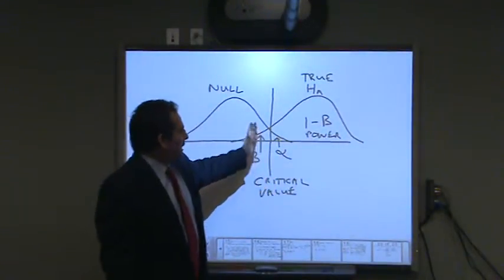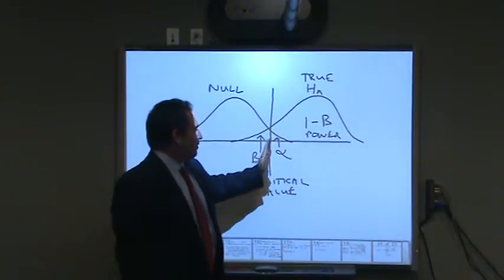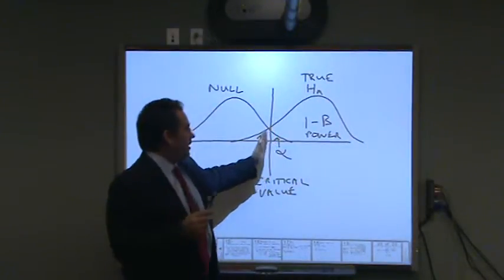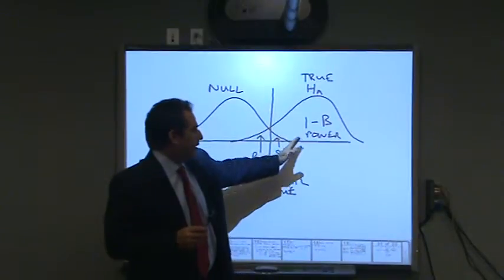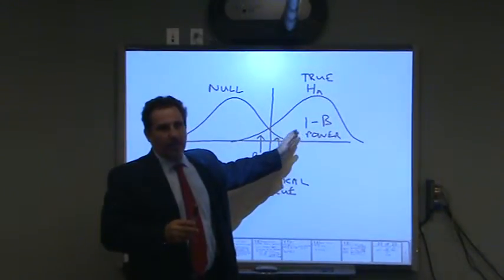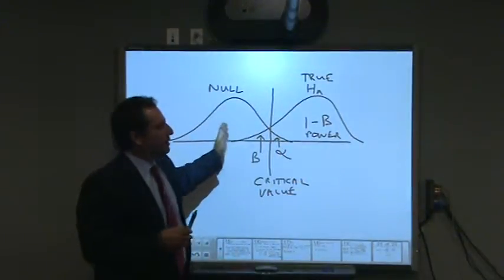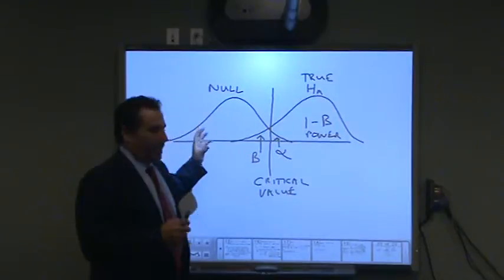Does everyone see that this line represents the critical value, which means the point at which I'm going to say if the mean is above this line, then I'm going to reject the null hypothesis. If it's below this line, I'm going to accept the null hypothesis.